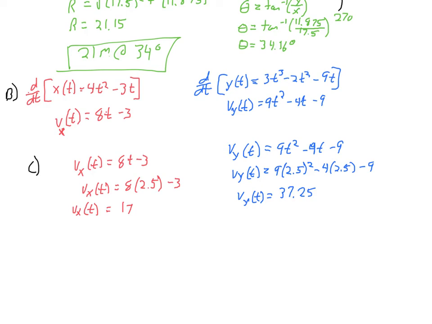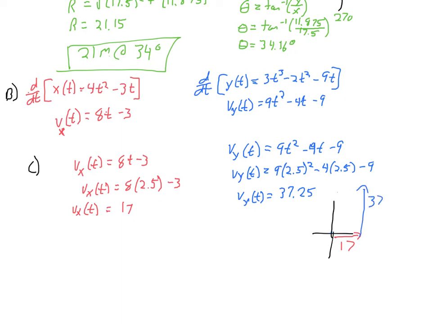So now I've got the two. Once again, on an x and y-axis, this is the exact same idea. If velocity was getting plotted here, I've got a 17 in the x and a 37 coming up in the y. Let's drag that vector and put it tail to tip to make it even easier to see.